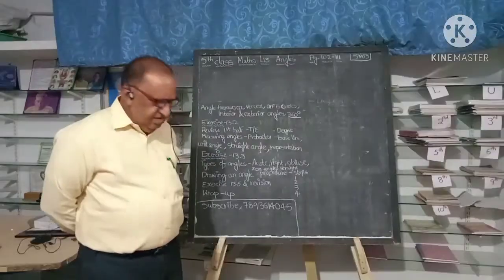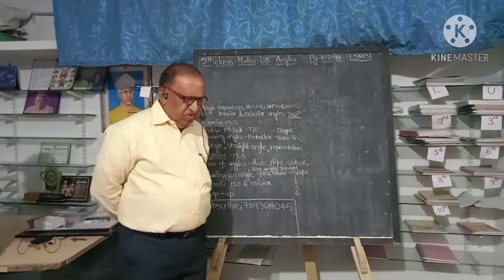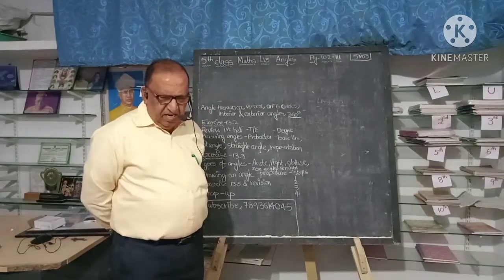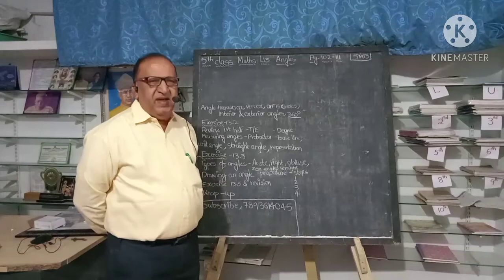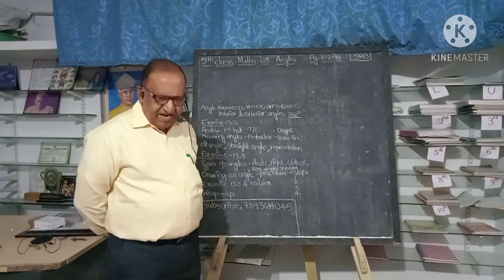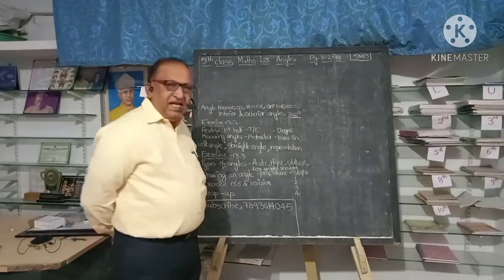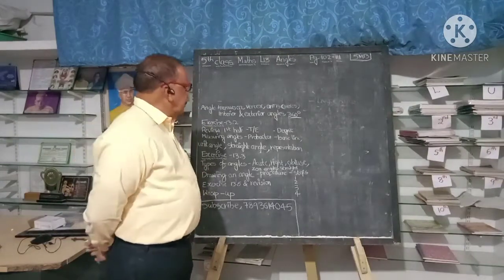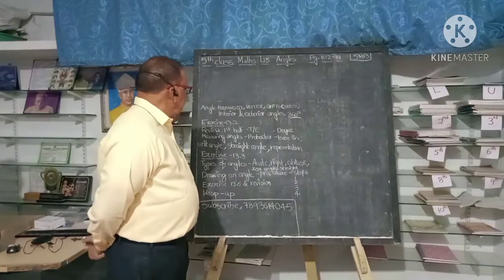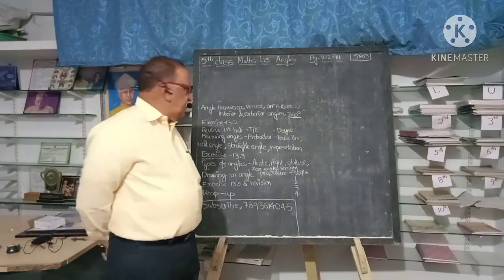Okay. Well, in the first half we learned about the line, point, line segment, and ray, all the definitions, and also we learned about angle formation, vertex, arms and sides, the angles, interior angle, exterior angle.